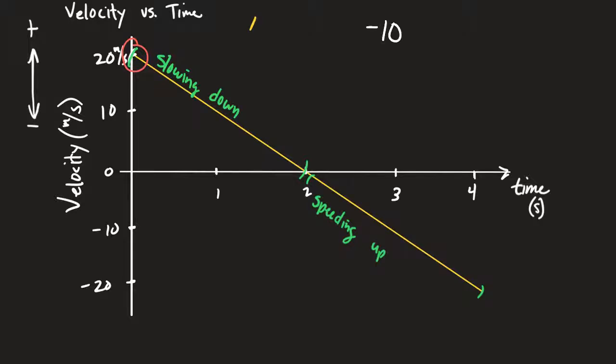It's negative 10 meters per second on the top, seconds on the bottom. That would be the fraction, right? Because if I go back 1 step, it would be delta V over delta T. Right? V2 minus V1 over T2 minus T1. Rise over run.